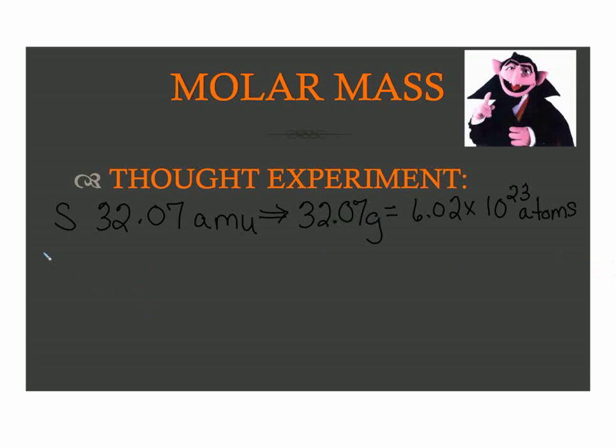Now, let's do something similar with a metal. What if I took strontium? Well, its atomic mass is 87.62 atomic mass units.